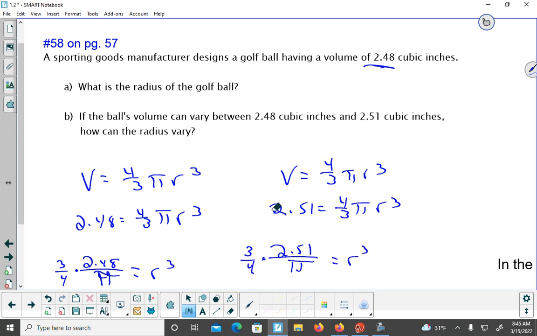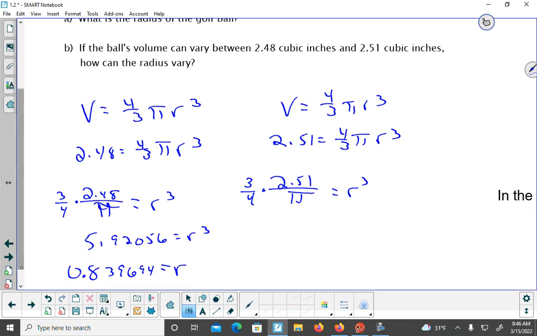When I did that, I got 0.599218 for r cubed. Took the cube root of that and got r to equal 0.843066.